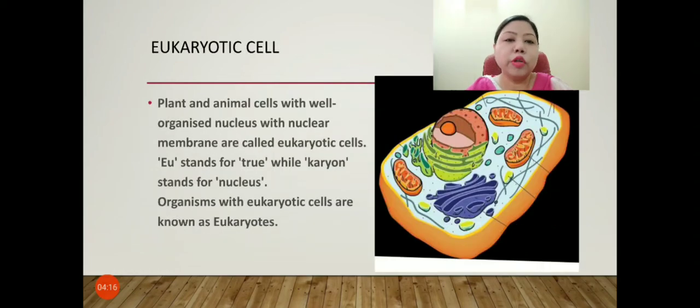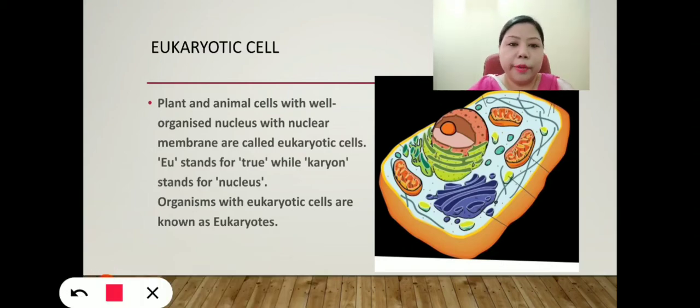Now let's move on to the eukaryotic cell. The eukaryotic cell is usually present in plant and animal bodies. Here you can see the nucleus, and the nucleus is surrounded by a membrane called the nuclear membrane, and since it is surrounded by a nuclear membrane, it is called a eukaryotic cell. Eu stands for true and karyon stands for nucleus.